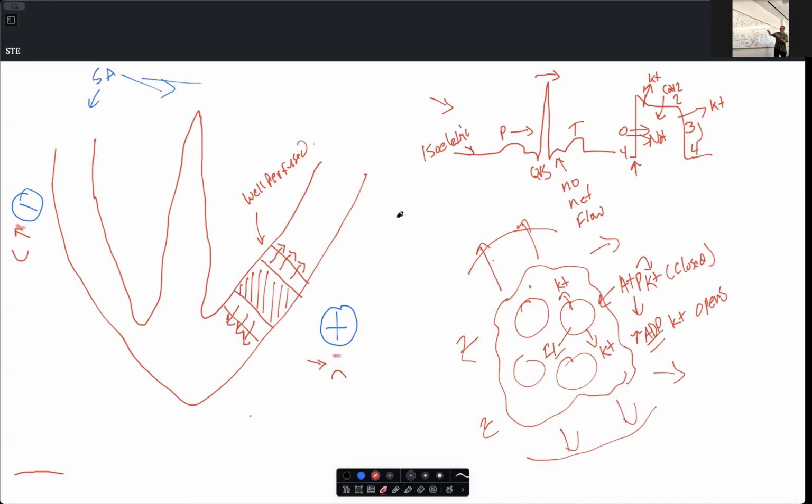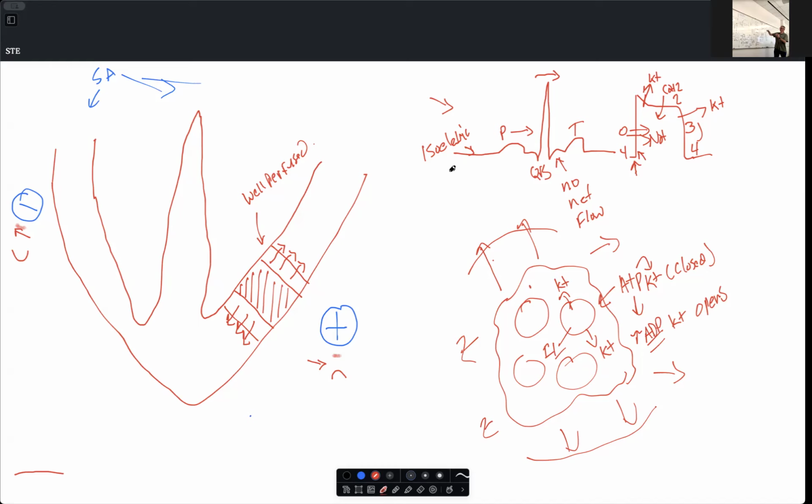And the thinking is that the isoelectric line gets reset, if you will, right? I've got a big charge difference in these injured cells as compared to these normal cells, and the threshold potential at which the fast sodium channels open up is changed.